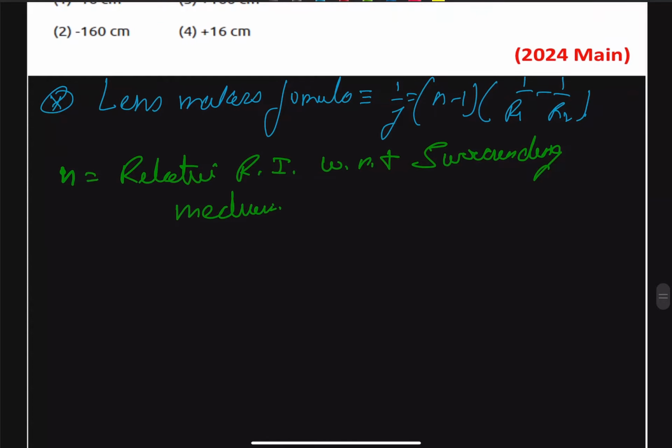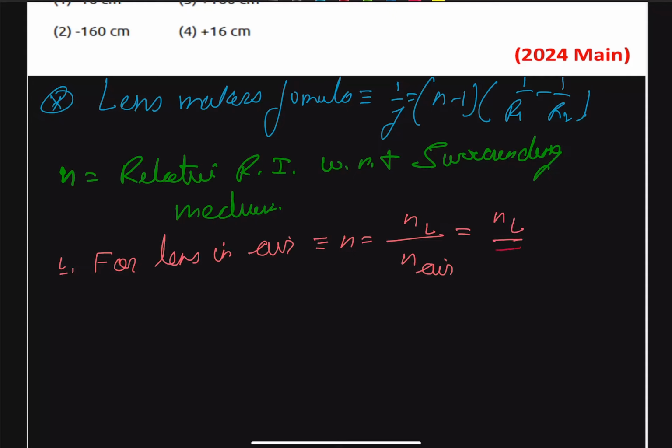So therefore, we can write that for a lens in air, our n will be equal to the refractive index of the lens divided by the refractive index of the air. Air we know is 1, so this comes as the refractive index of the lens.